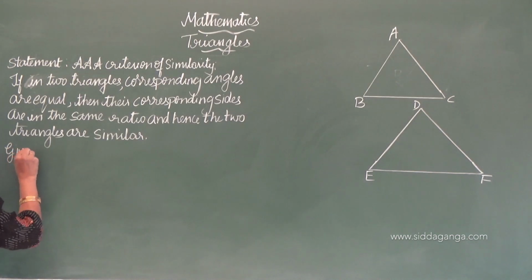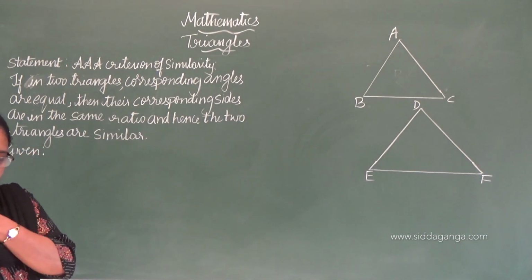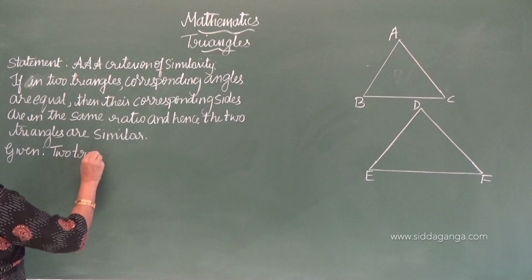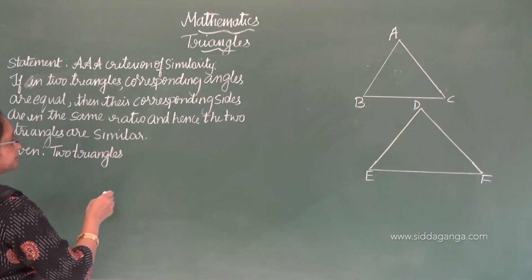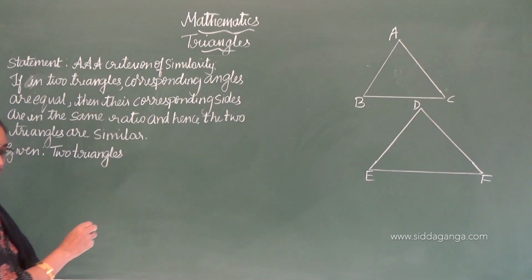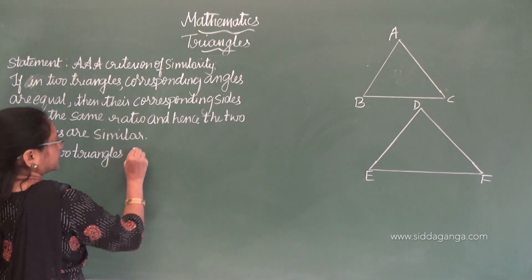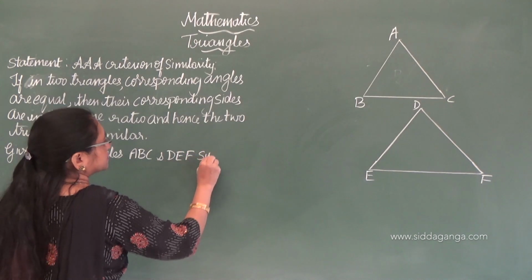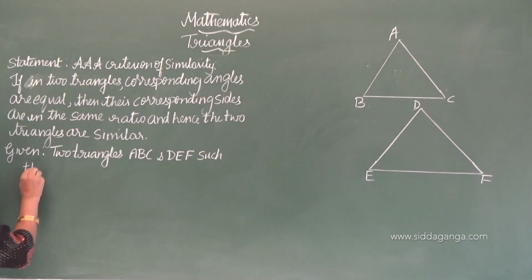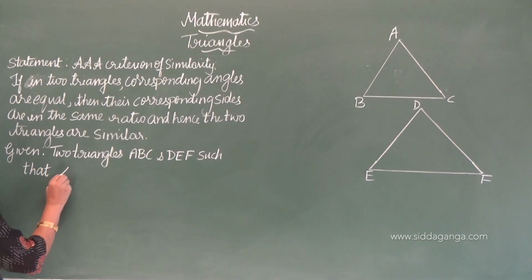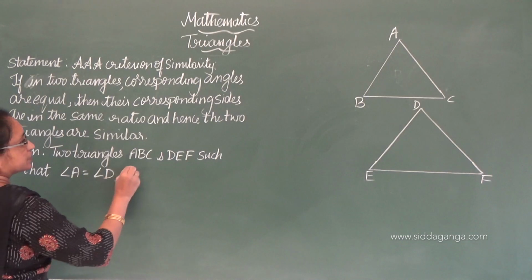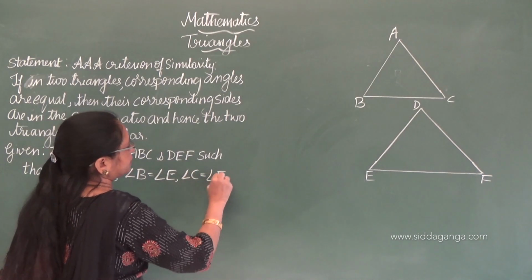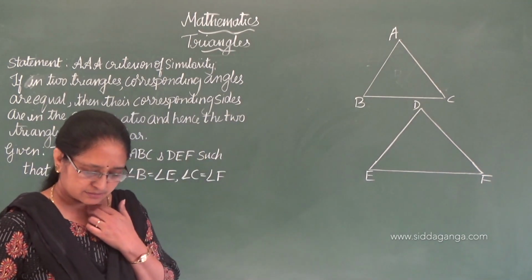Given two triangles ABC and DEF such that angle A is equal to angle D, angle B is equal to angle E, and angle C is equal to angle F, because they are given corresponding angles are equal.